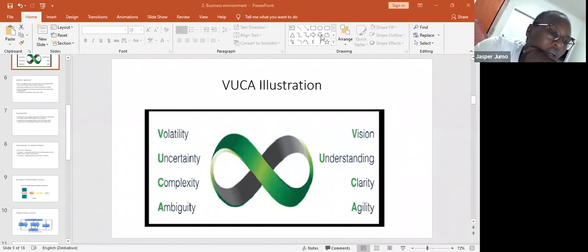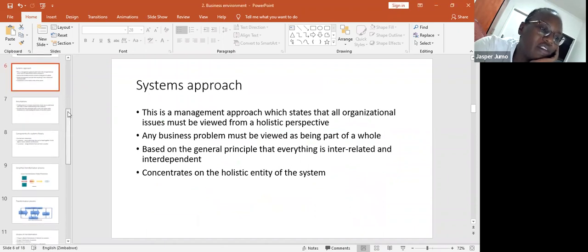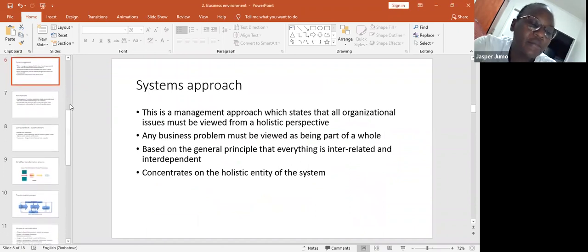So the next thing I want us to look at is the systems approach to business. It's going to come in handy when we talk of the macro and the micro environment. That's why I've just slotted it in there after the VUCA environment and before the macro and micro environment. So it's something that's going to come in handy as you go forward.